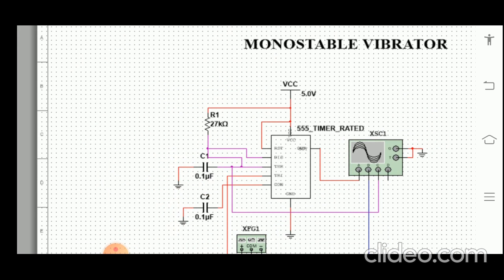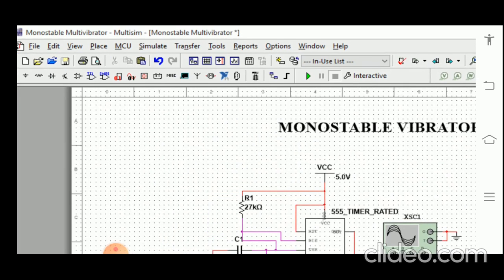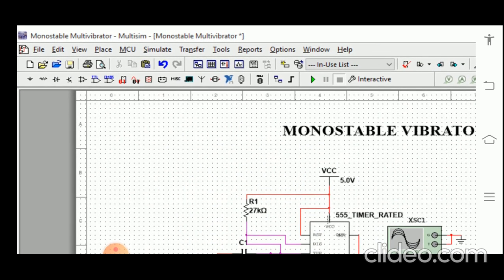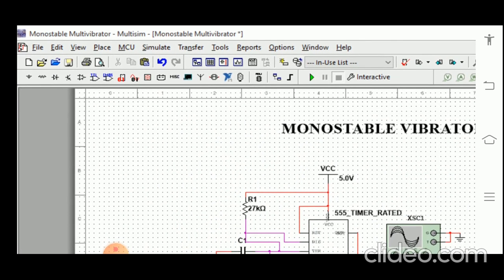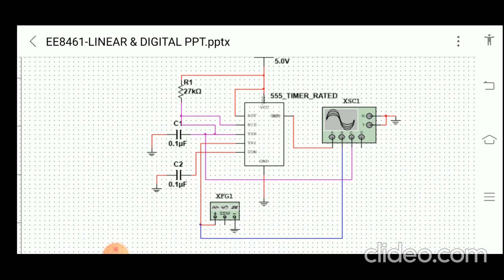All the components should be taken from the file, and after that, by getting into the component option, from there we get those components. Similarly, we can get components like R1, C1 and C2 by the same procedure.